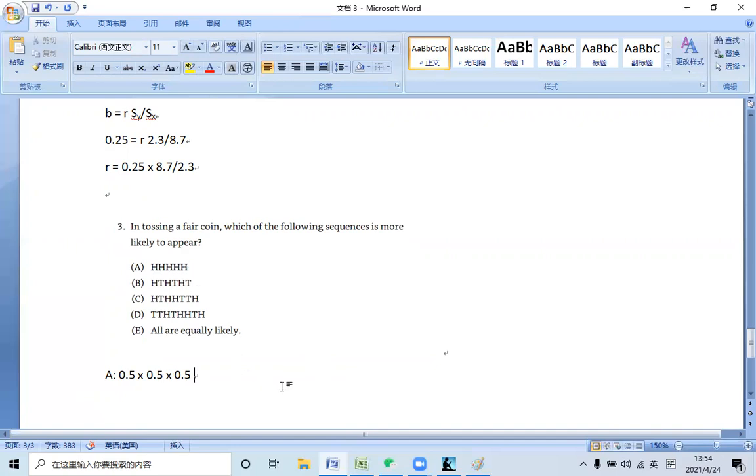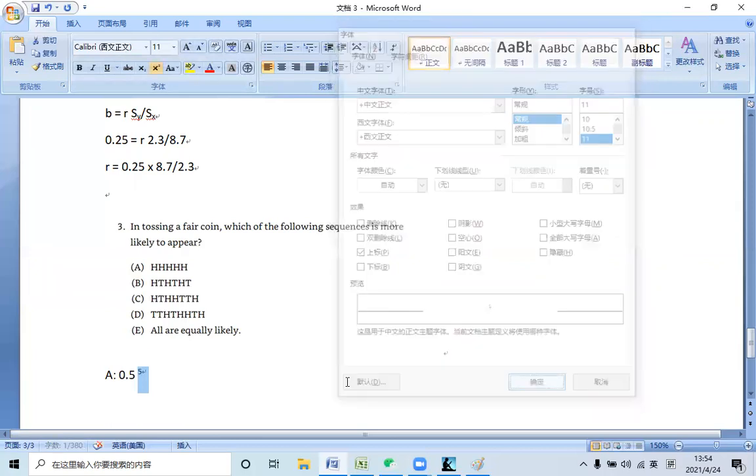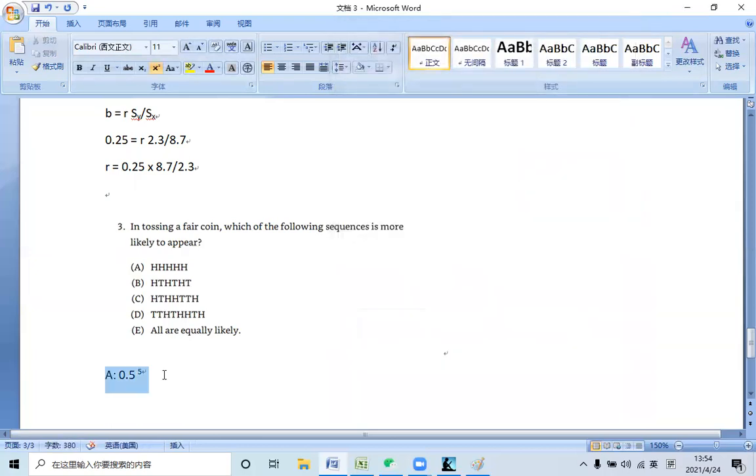So basically it is 0.5 to the power of 5. You multiply 5 times. For B, 1, 2, 3, 4, 5, so you have 6 trials. So 0.5 to the power 7.